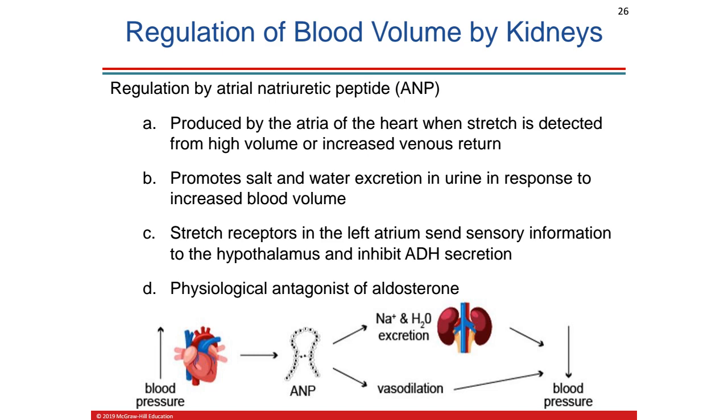In addition, the stretch receptors in the left atrium send sensory information to the hypothalamus, and they inhibit antidiuretic hormone secretion, or ADH secretion. And so this makes sense. The aldosterone increases blood pressure, ANP decreases blood pressure because its secretion is stimulated by the stretch of the atria.